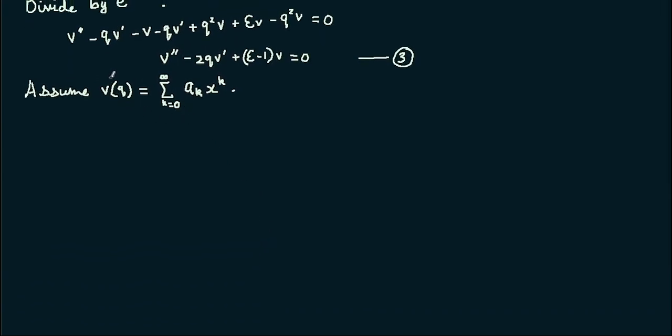Now what we'll do is take this form of v and put it into equation 3. For that, we'll have to find out what v's derivative is and what the second derivative of v is.